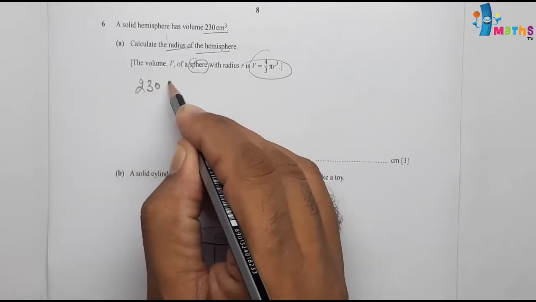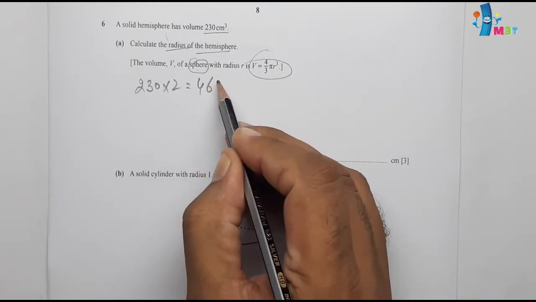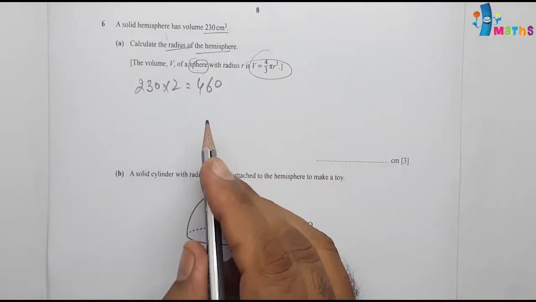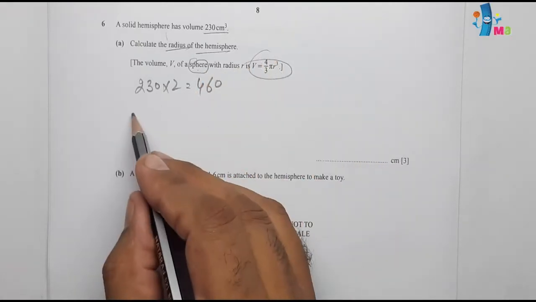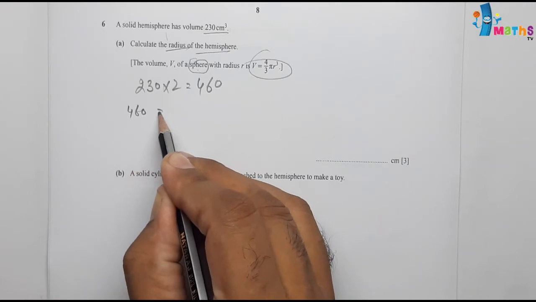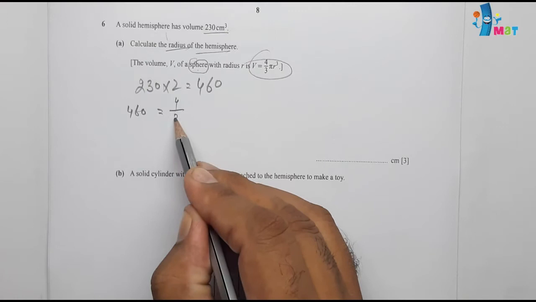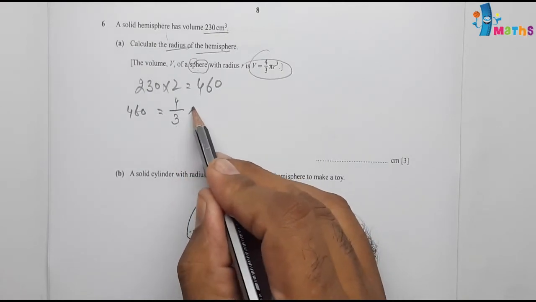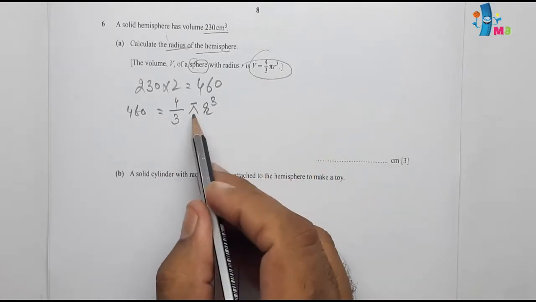So 230 into 2, 460 will be the volume for complete sphere. In this formula we'll be putting values, 4 by 3 into pi r cube, so this will be our equation.